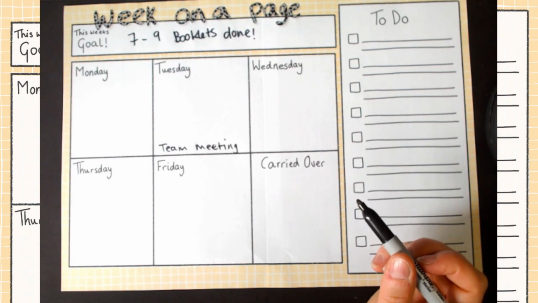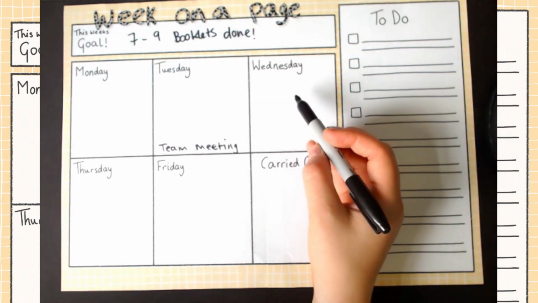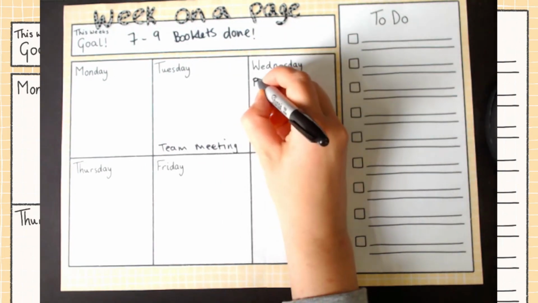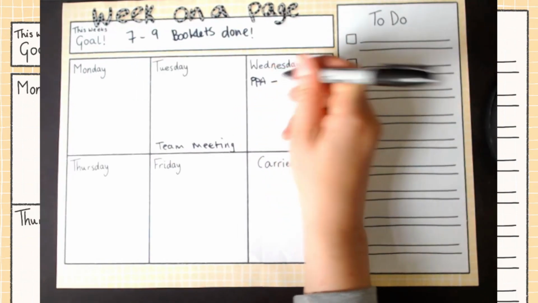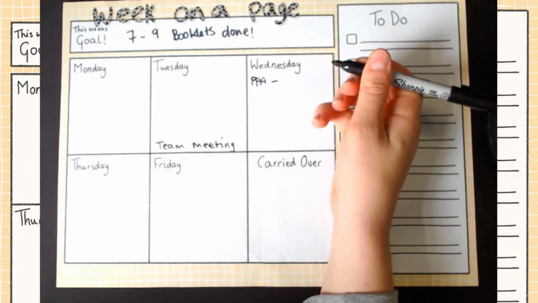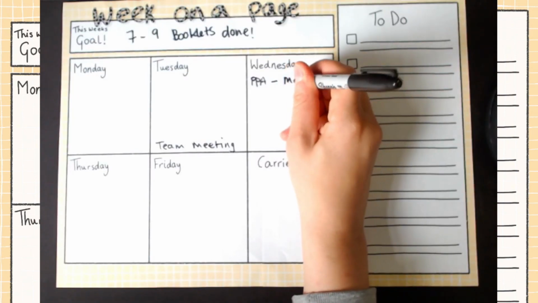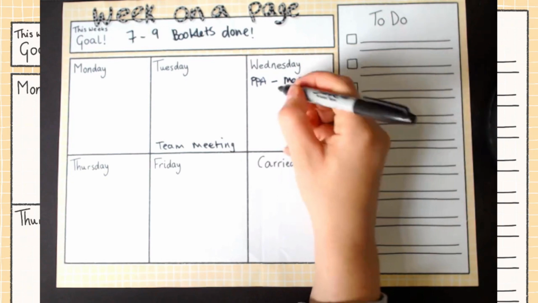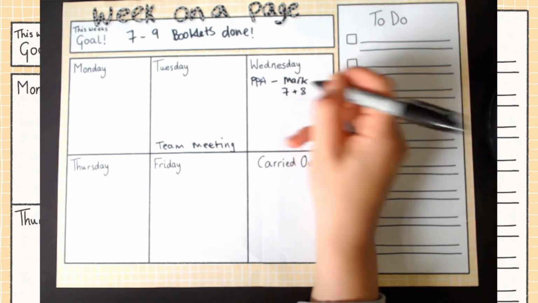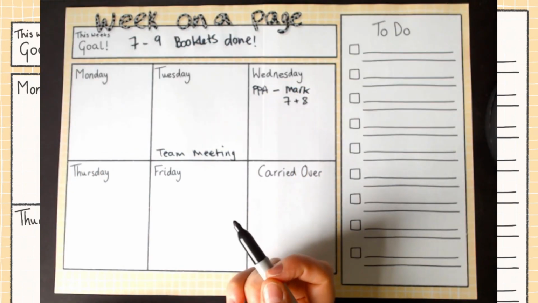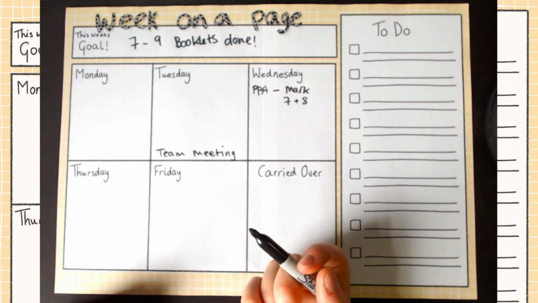So let's say you know that you have a PPA on Wednesday. So you could put your PPA in there and you know it's an hour, right? You lock yourself away and you don't let anybody come in, right? And you say, okay, I'm going to mark 7 and 8. Say I need to make sure that I have the NEA guides planned.